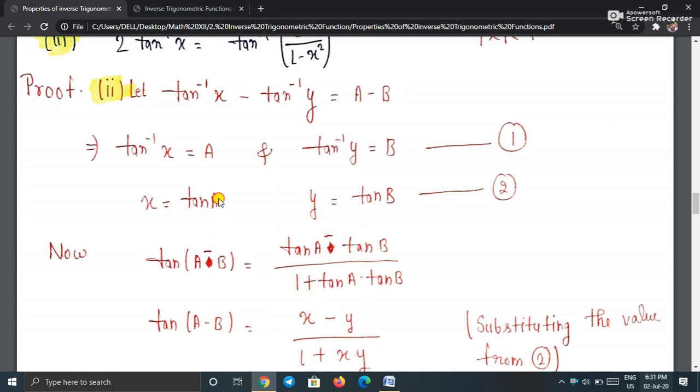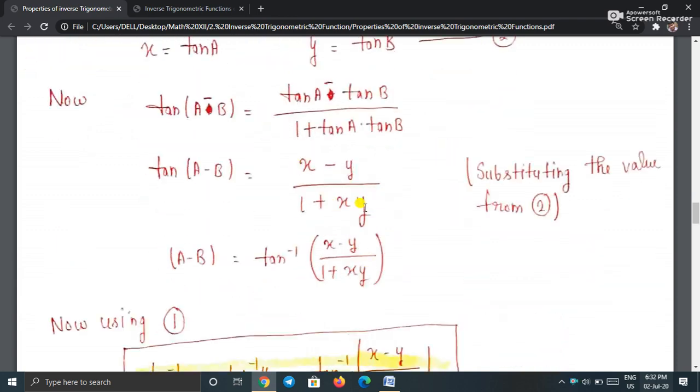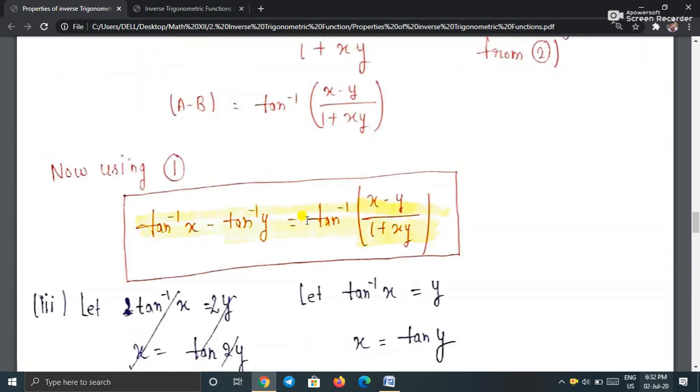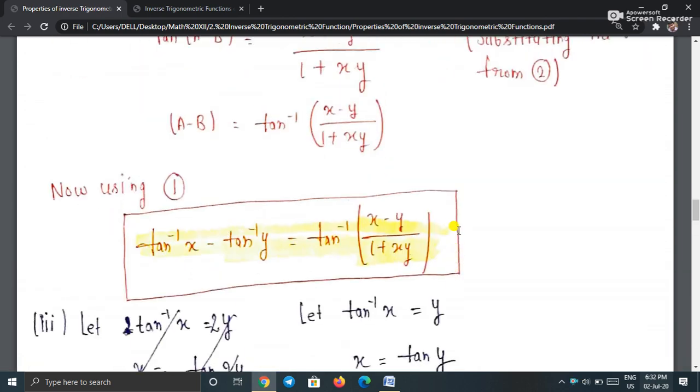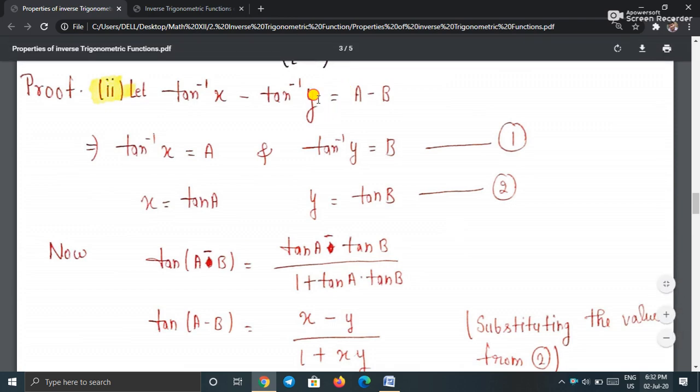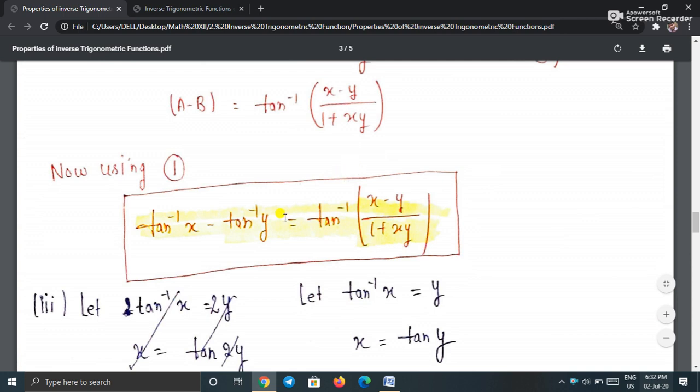The value of tan a is x and the value of tan b is y. So it is equal to (x minus y) upon (1 plus xy). Again using the property of inverse function, a minus b is equal to tan inverse of (x minus y) upon (1 plus xy), right? And the value of a minus b is what? The value of a minus b is tan inverse x minus tan inverse y.